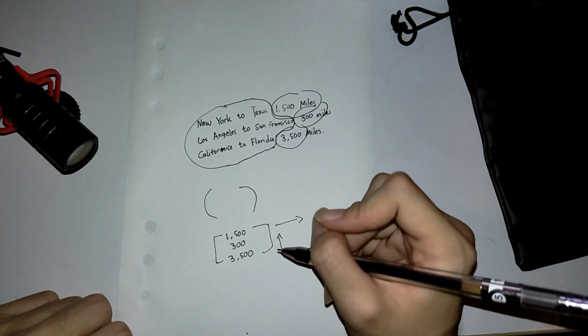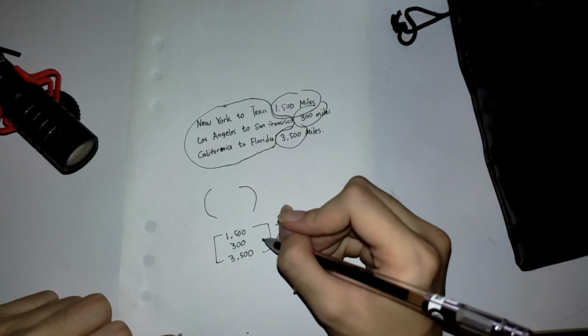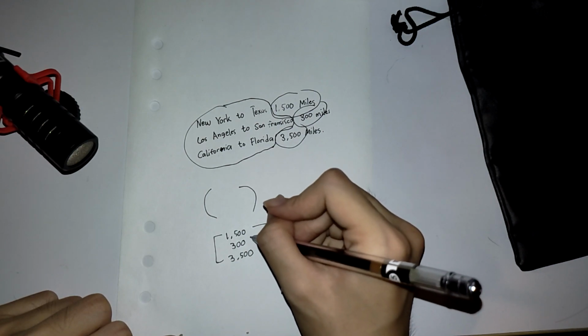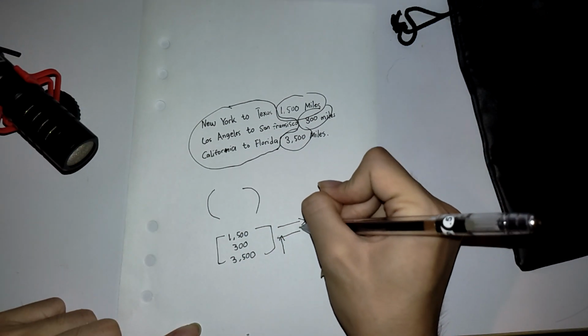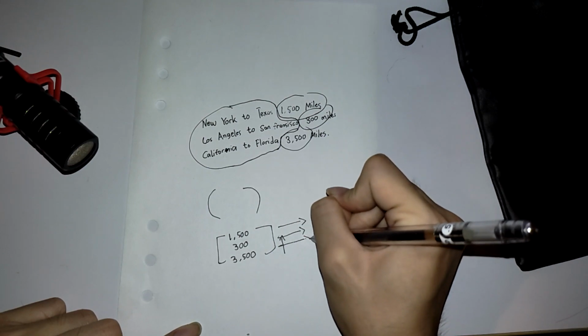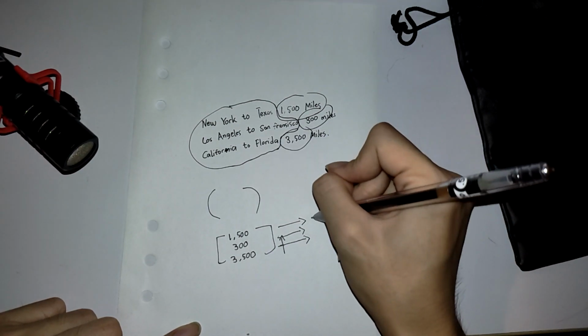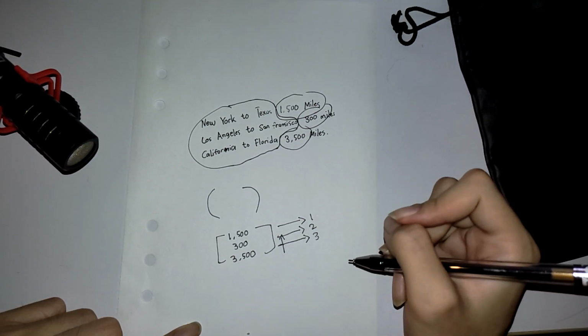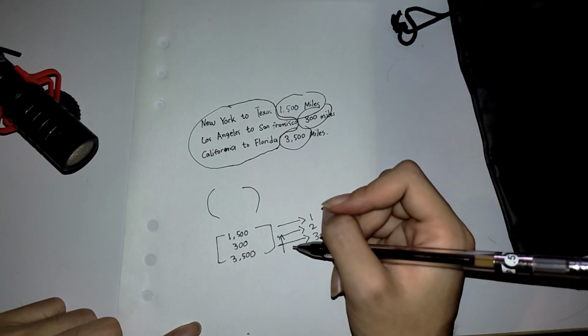We can see here that there are 3 rows because there are 3 sets of numbers.